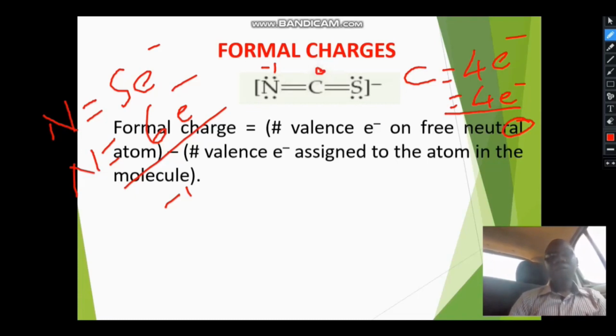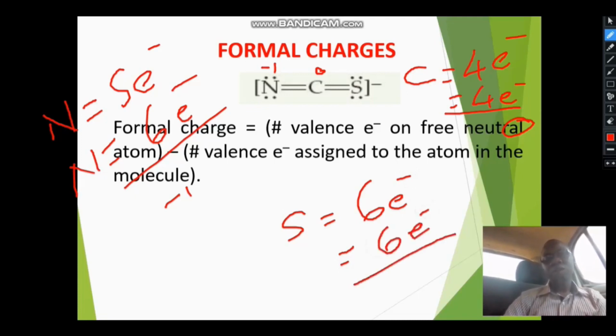Then lastly, when you take sulfur, the valence electrons for a free atom of sulfur is 6 electrons. Now, what of in this molecule? In this molecule, it has 2 lone pairs and 2 bonds, which will result in 6 electrons. So sulfur will have a formal charge of 0.